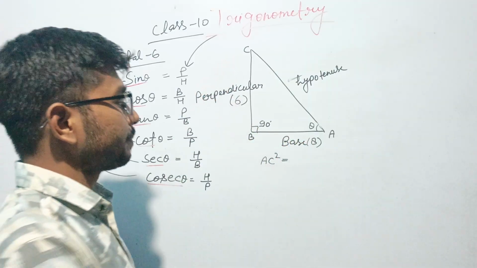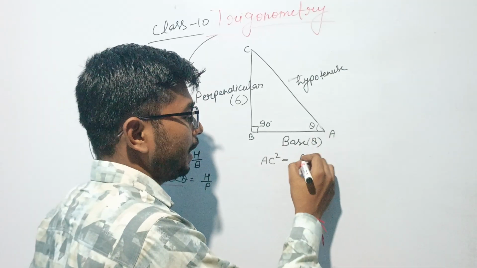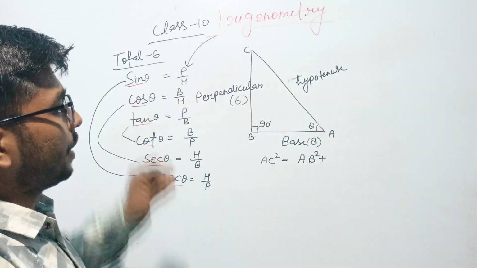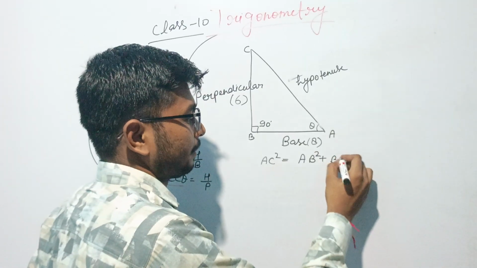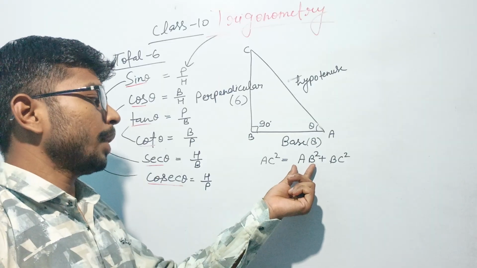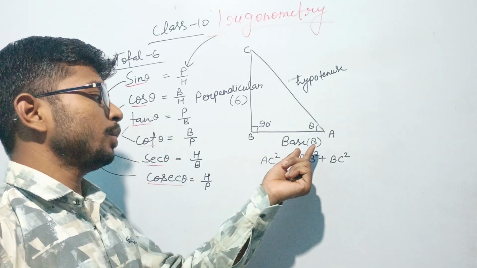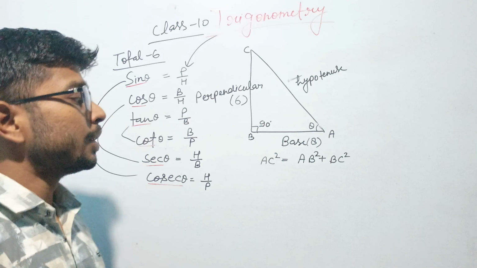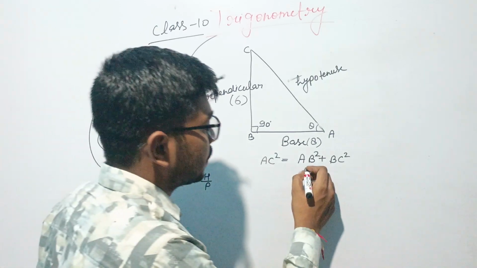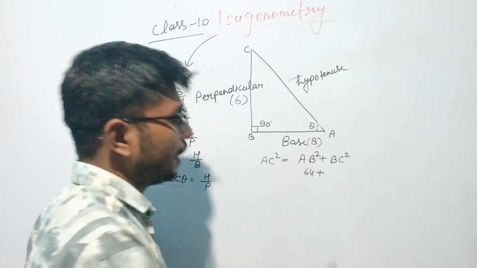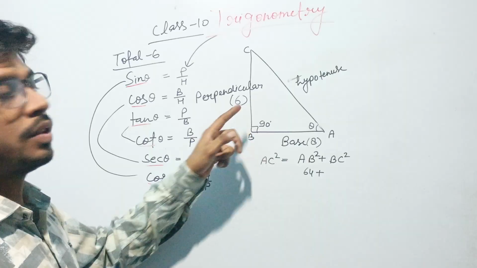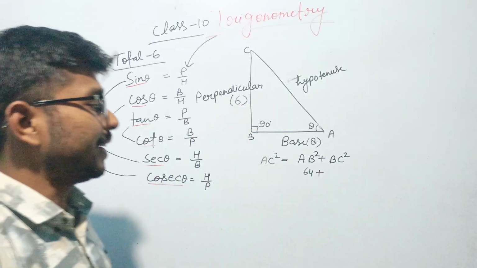Okay, so base AB square plus perpendicular BC square. What is the value of AB? We have assumed 8. So 8 into 8 will be 64, plus BC square, 6 into 6, so 36.